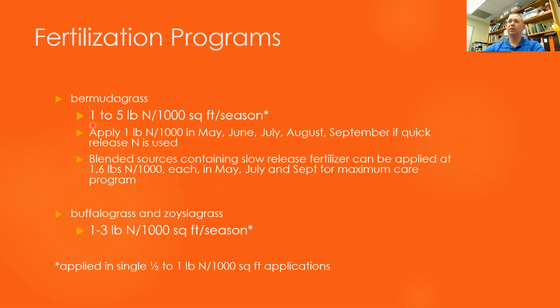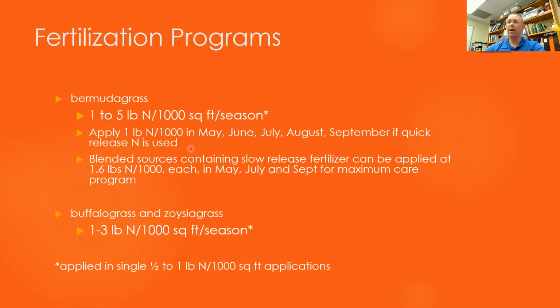So Bermuda grass, again, 1 to 5 pounds of N per 1,000 square feet per season. Now, 1 to 5 pounds per season means that you're going to split that entire bulk over the entire season, or over several different applications.